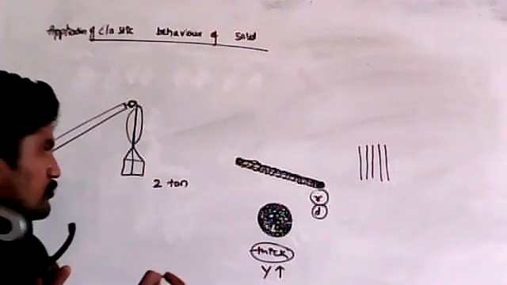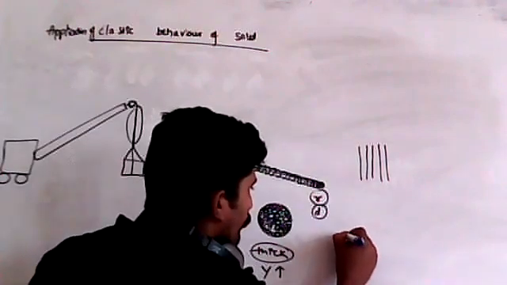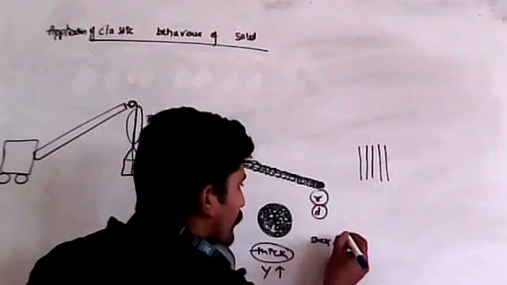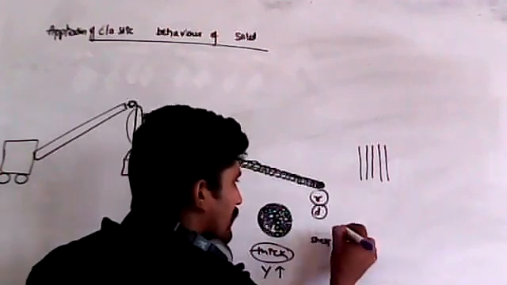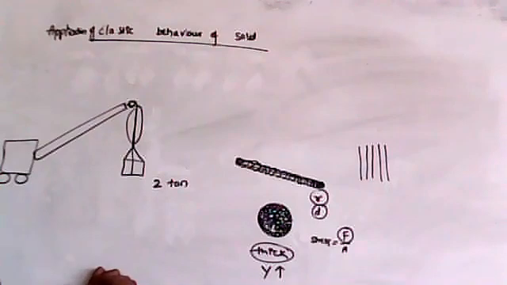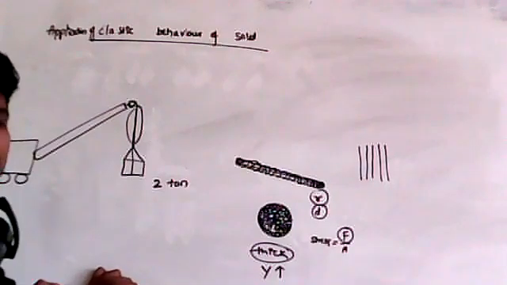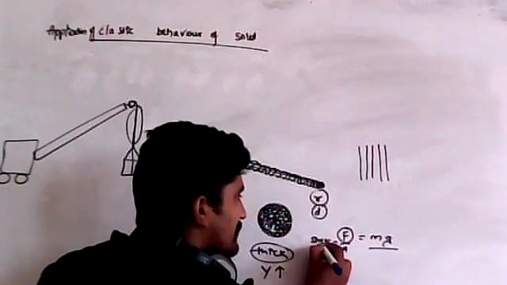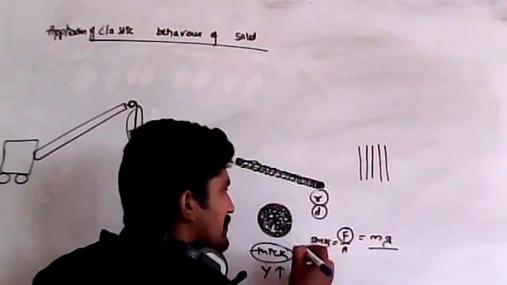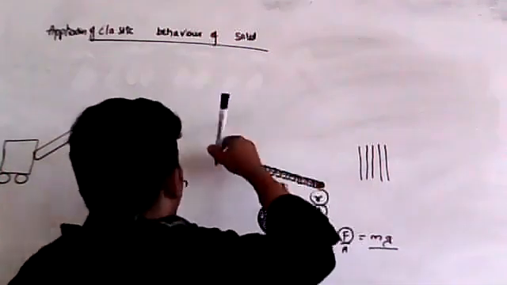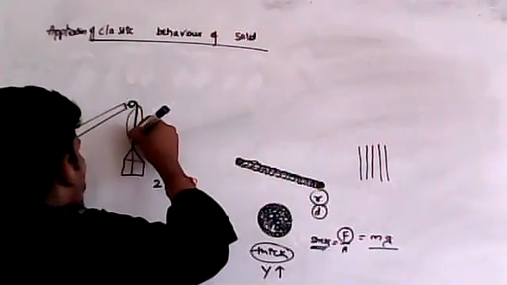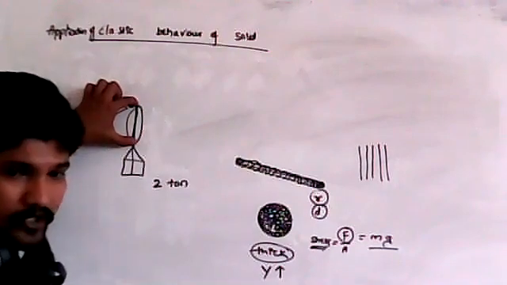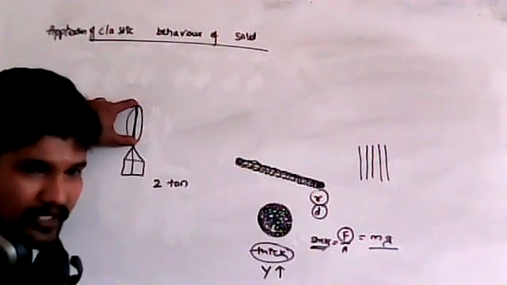As we know, stress is nothing but F by A. F is force, which here is the load, M into G. Which stress is that? You already know. Here, elongation means which stress comes?